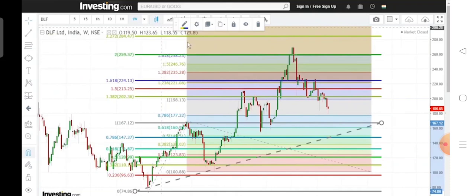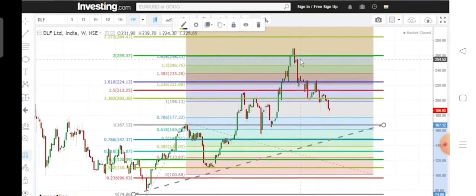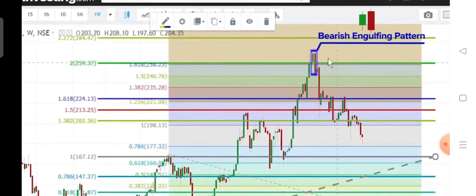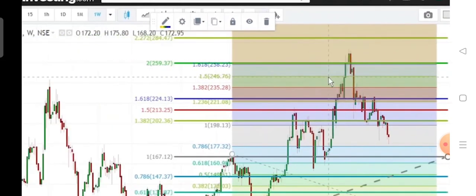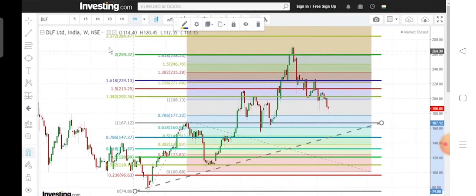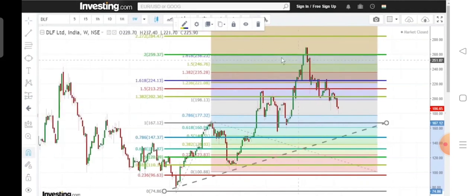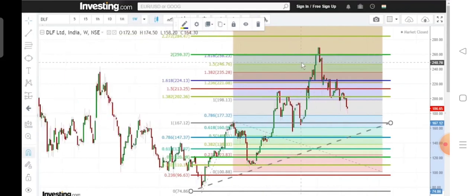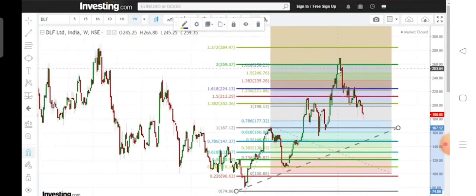We could see in the weekly chart that this was coming as a resistance, and around this we could see a bearish engulfing pattern. So when we see that these important ratios are there and price action is holding these levels, and we could see a particular special kind of reversal pattern, then we can look at them with significance.